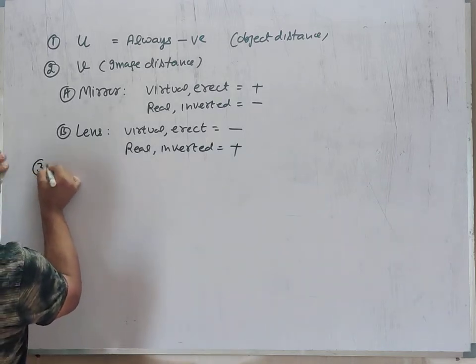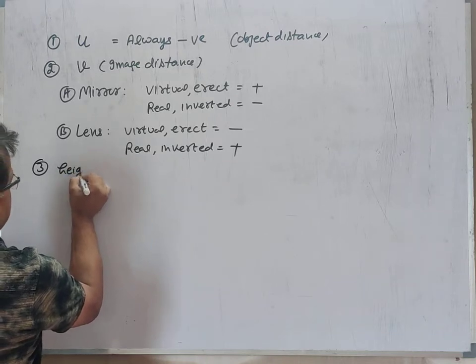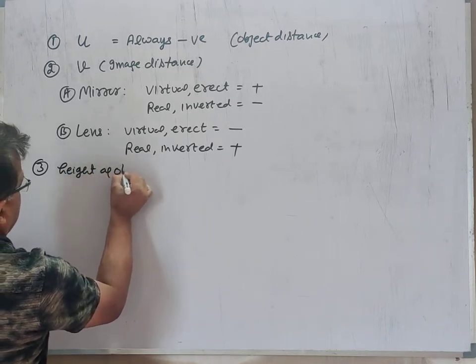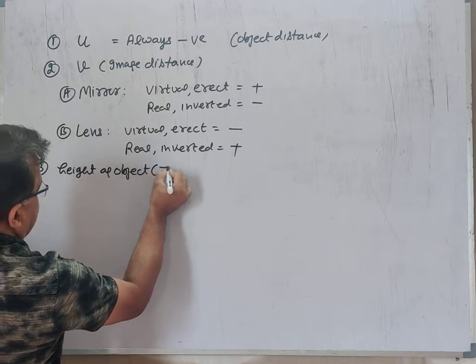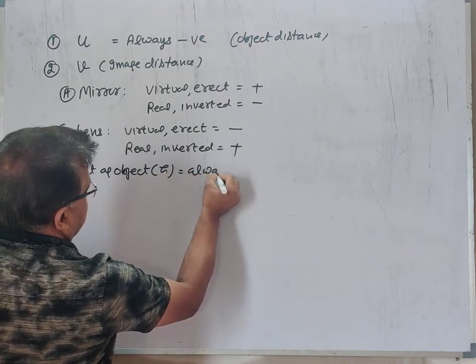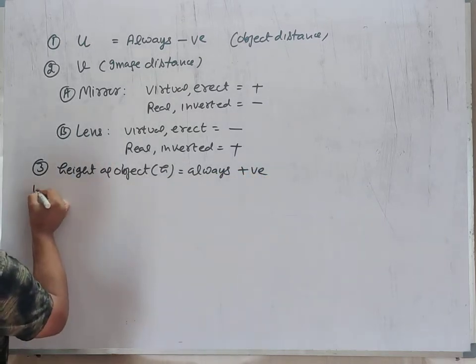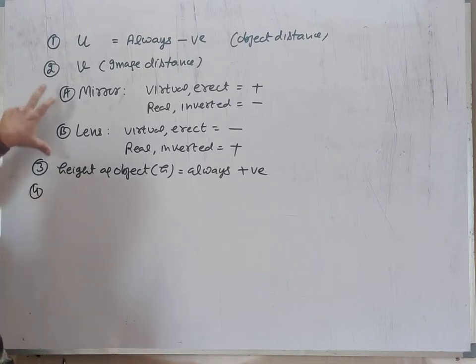Third one is h, which is the height of object, which is represented by h. It is always positive, and these are not written anywhere, you will write them properly.